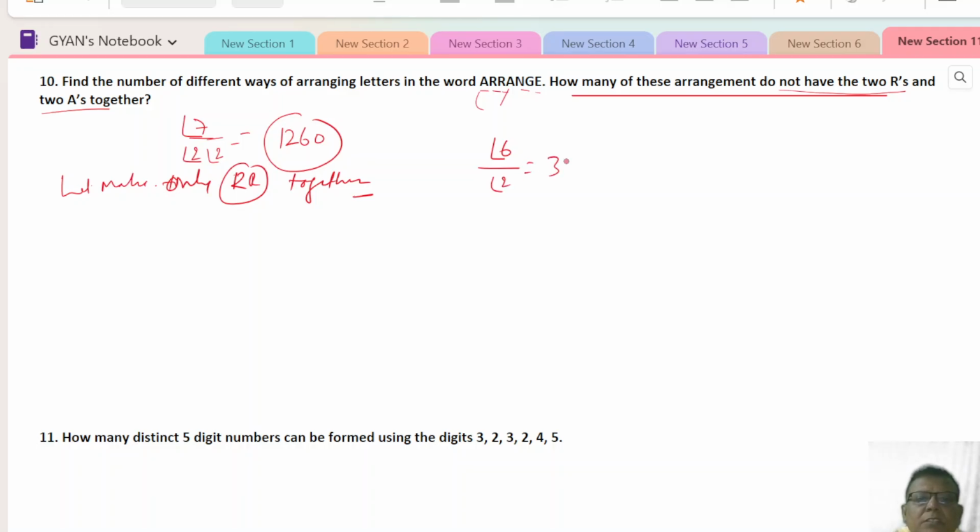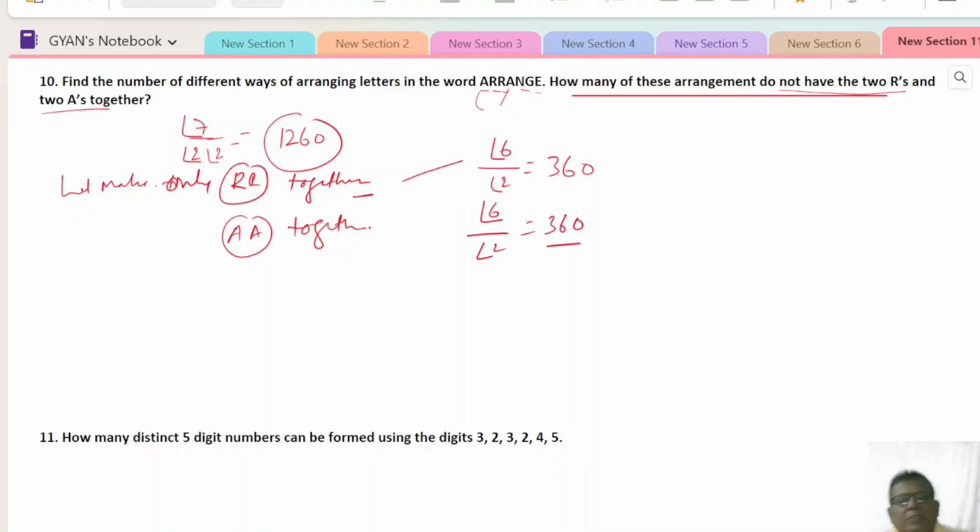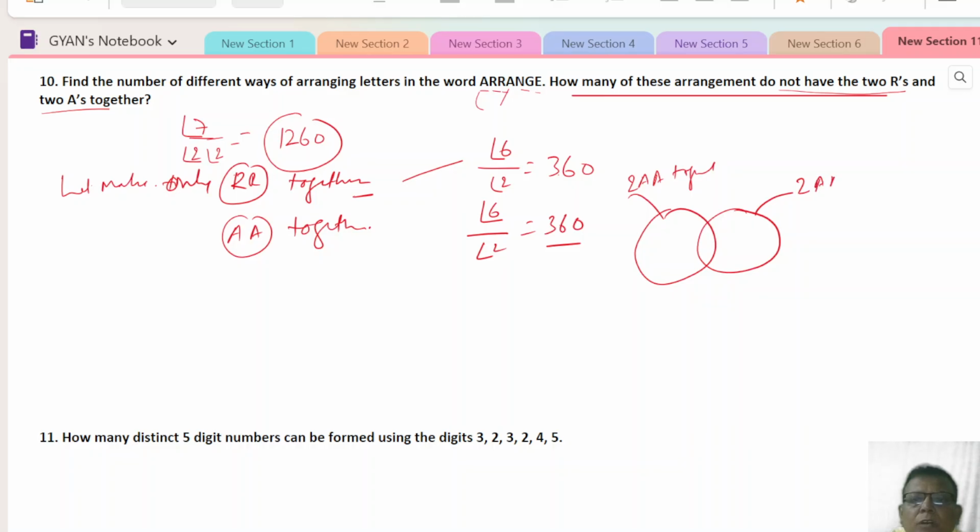So that is 360. So this is 2R together. Similarly, 2A together. Factorial 6 divided by factorial 2, that will also be 360. So you make it like this. Suppose this is 2A together, and this is 2R together.